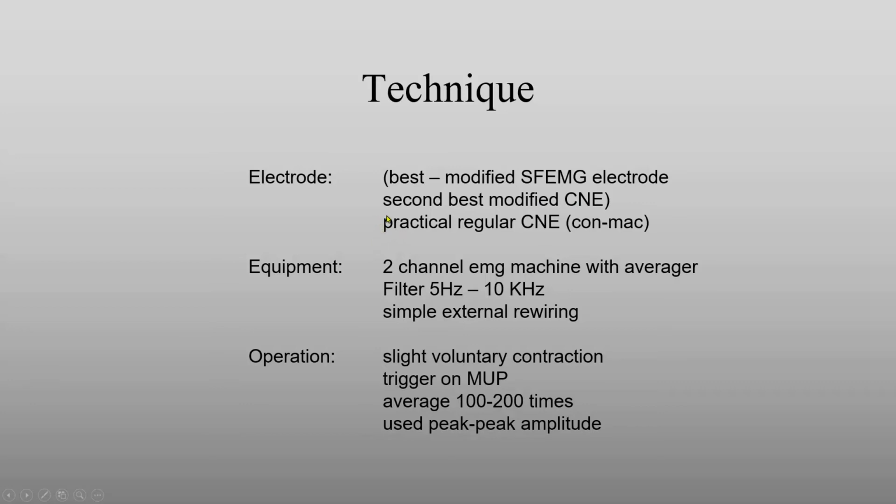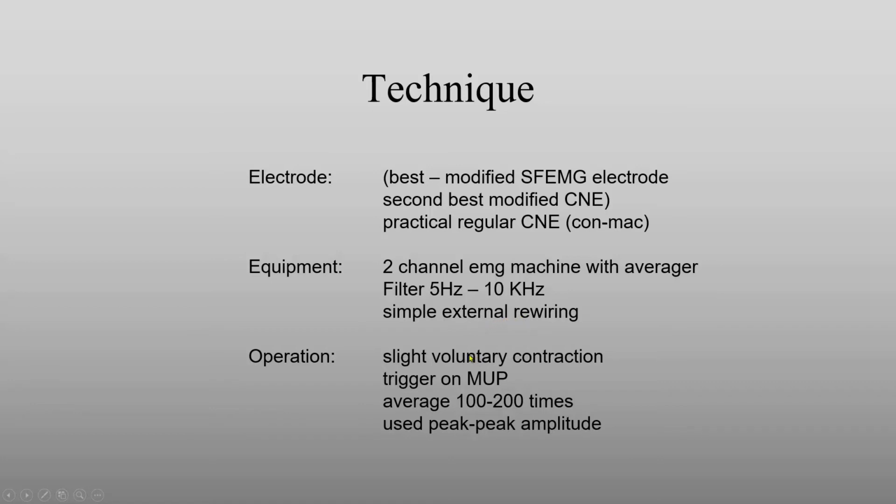And then in practical terms we use a regular concentric needle electrode. We use a 2-channel EMG equipment. The filter settings should be open filters, and we must do a simple external rewiring as I showed.